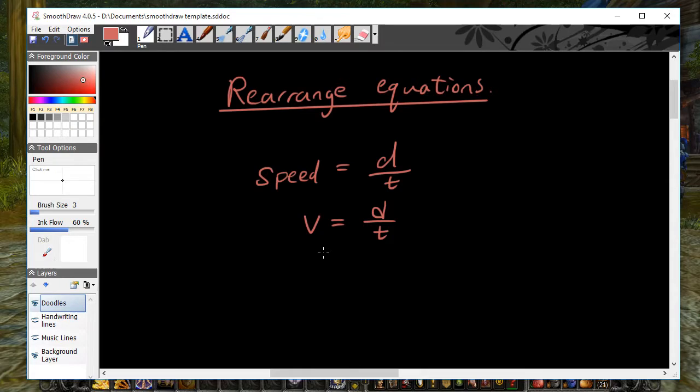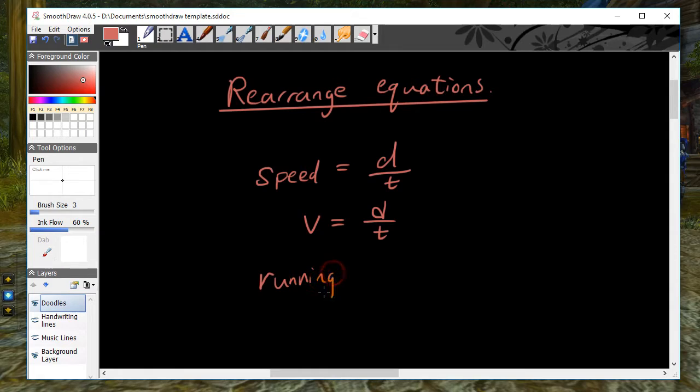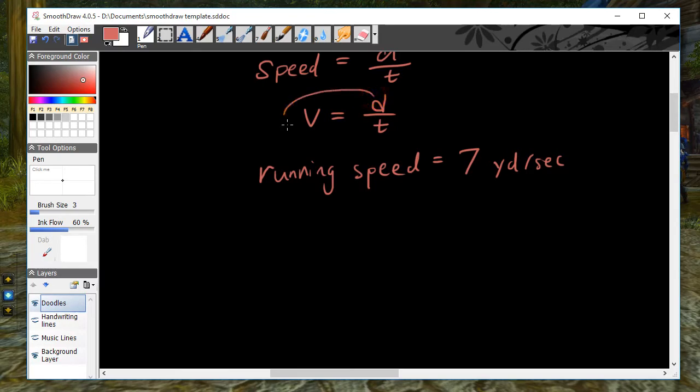So now that we know how fast we run, let's say that our running speed is 7 yards per second. In this equation, I can substitute in 7 where v is.